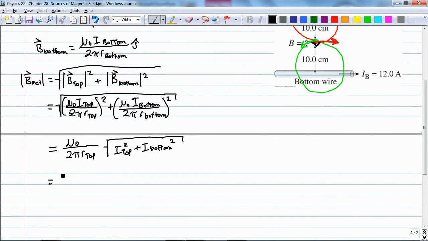And that's equal to 4 pi times 10 to the minus 7th Tesla meters per amp over 2 pi times 0.01 meters.